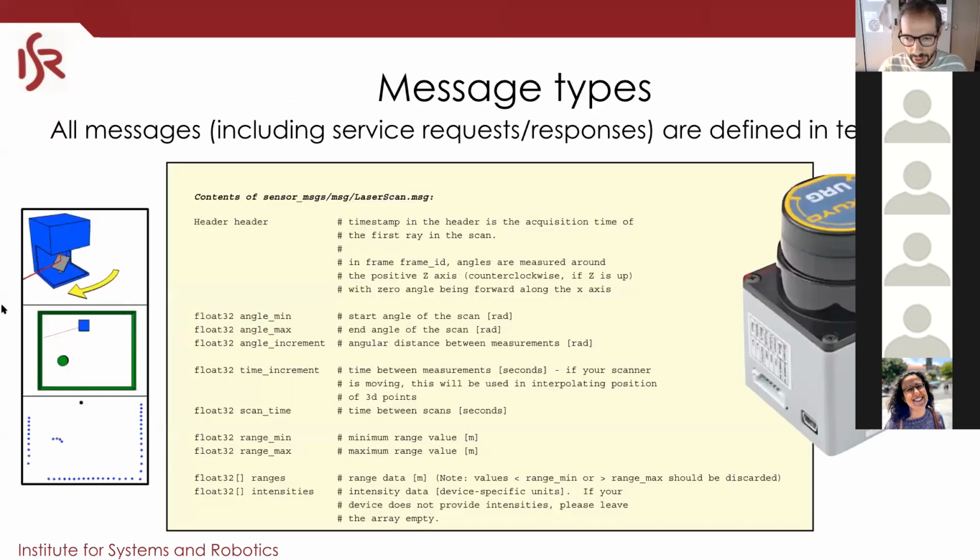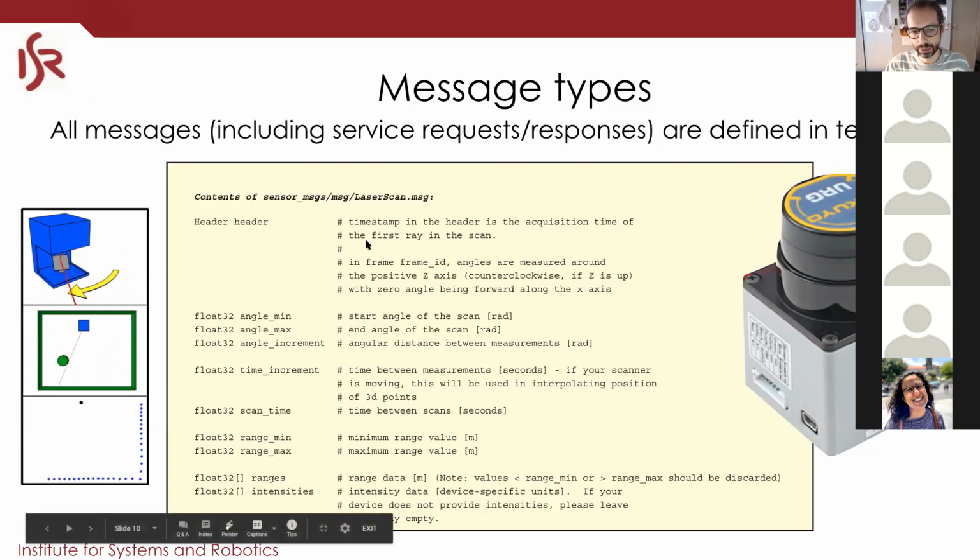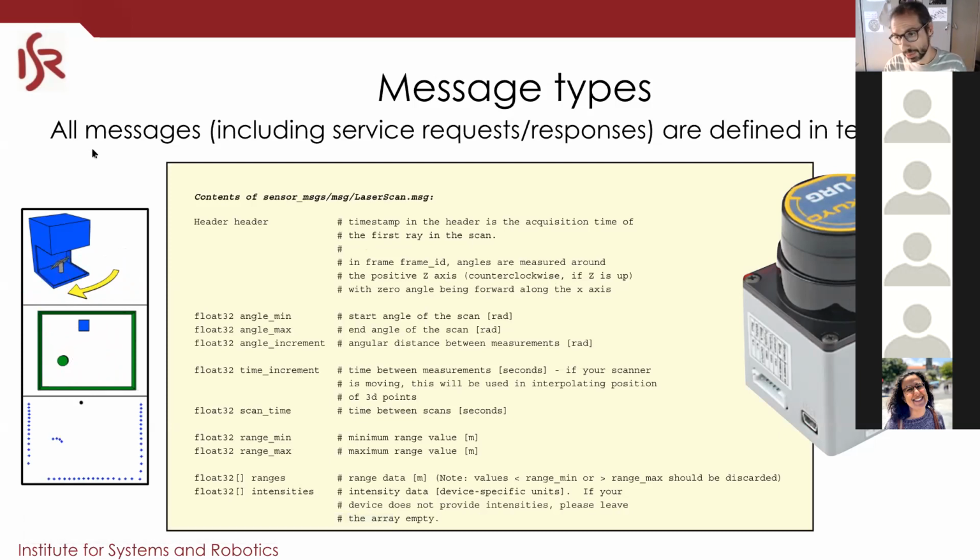Now, the question of what flows in the topics and services: messages. These messages have types, and the types of messages are defined in a programming-language-independent way through text files. Here I have an example of a message type that corresponds to a laser.